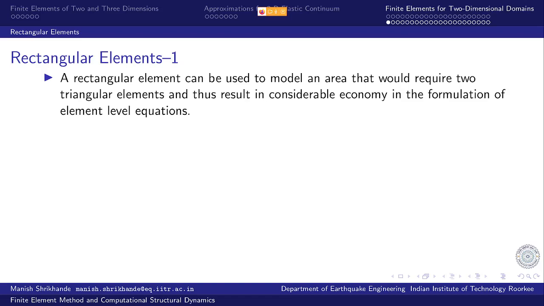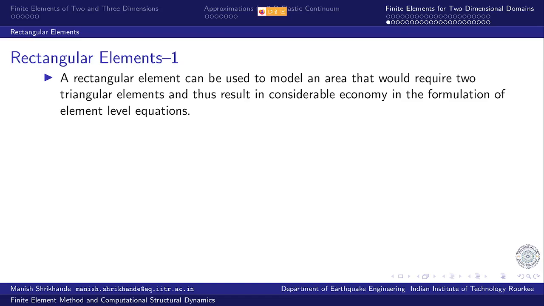Eventually, it was realized that, fine, triangle is fine, but we can reduce the computational effort by using rectangular elements. Whatever effort is required in using a triangular domain to represent that much area, we can do with less computational effort by using rectangular elements.